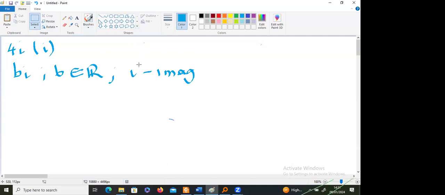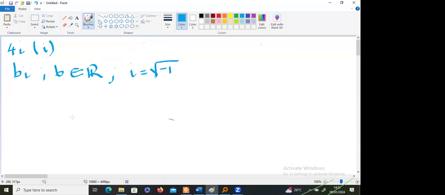I think that is the better way to put it. If we take i to be the square root of -1, all numbers of the form bi, we are going to call them imaginary numbers.